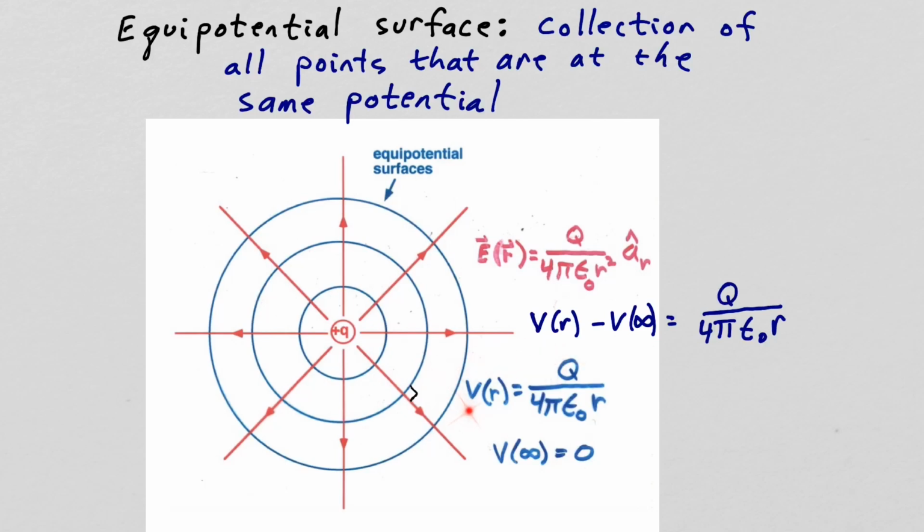So for a point charge at the origin, the equipotential surfaces are going to be spheres centered at the origin. Notice that the electric field intensity and the equipotential surface are always at right angles. That makes sense because no work is done if you move on an equipotential surface, and it takes no force to move on an equipotential surface because you're at a right angle to the electric field intensity.